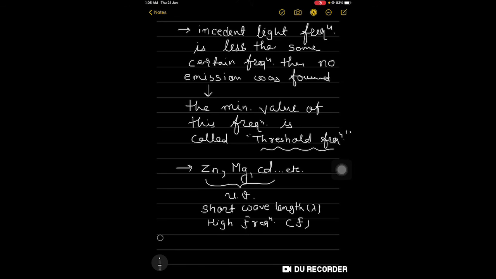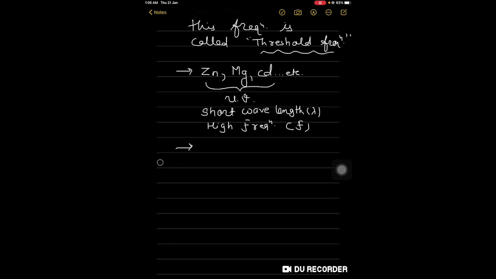Now, however, some alkali metals such as lithium, then sodium, then potassium, cesium, and rubidium were some materials which were sensitive to even visible light.